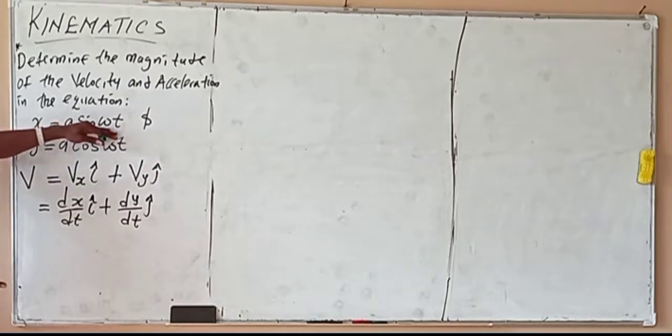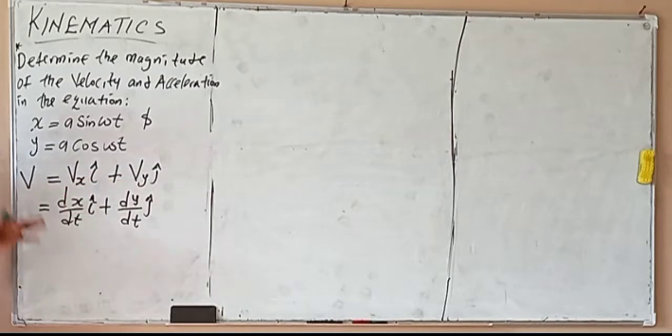If you differentiate this one with respect to time, we will have velocity in the x direction. If you differentiate this one with respect to time, we will have velocity in the y direction.